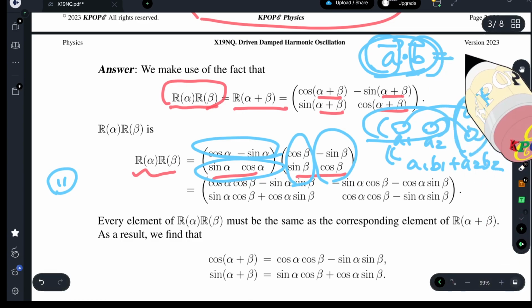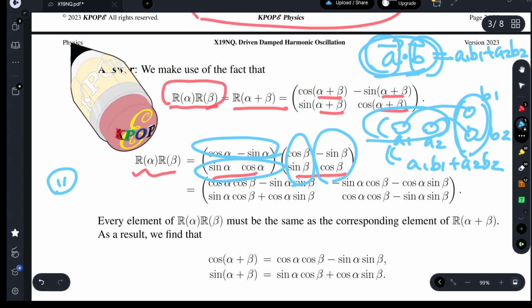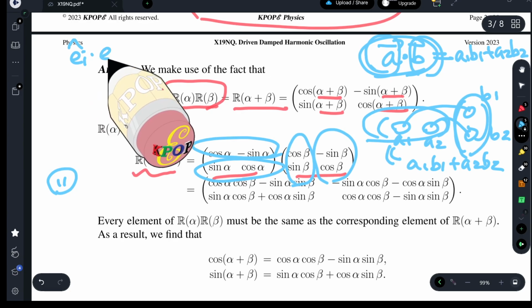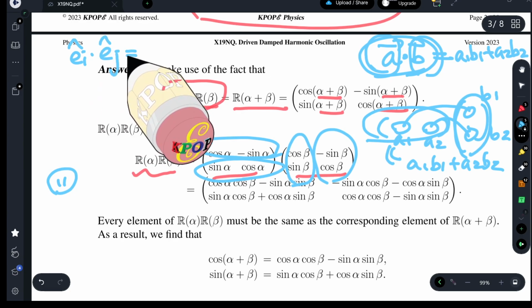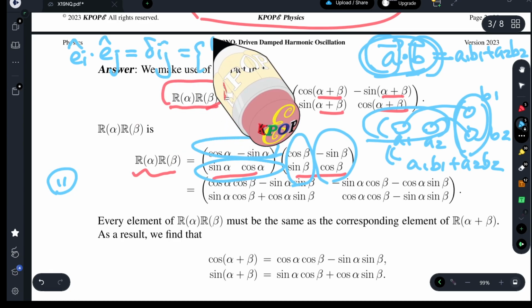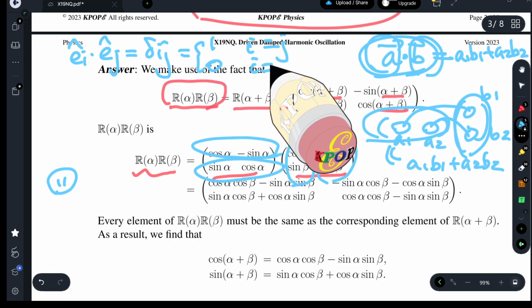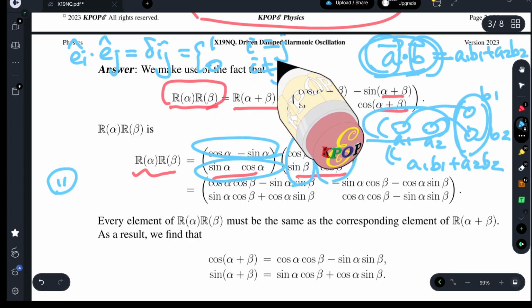And this was A1 B1 plus A2 B2. Because of what? Because of the orthogonality relation between any two unit Cartesian basis vectors, that is either 1 when i equals j, or 0 when i is not equal to j.